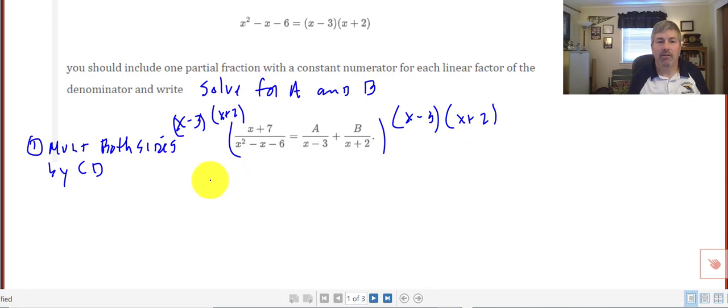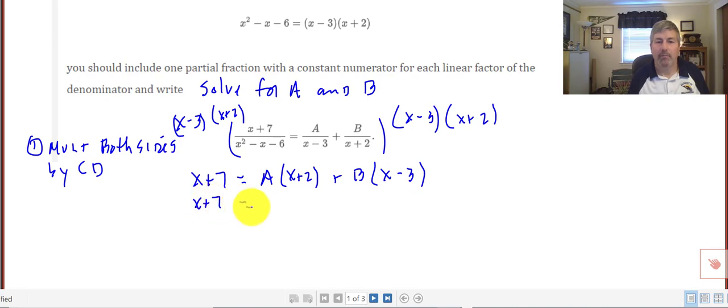So that's going to get our denominator to cancel and leaves us with x plus 7 equals A times x plus 2 plus B times x minus 3.